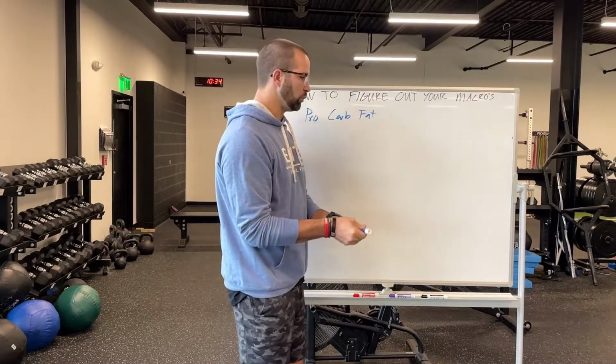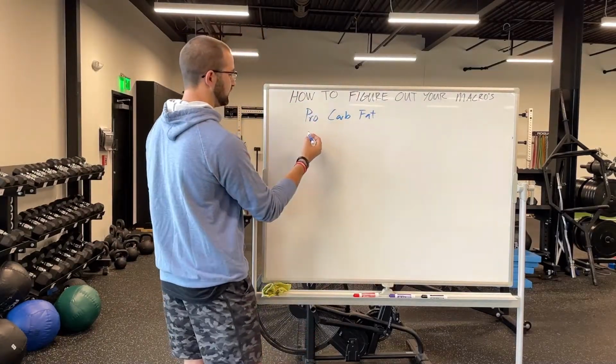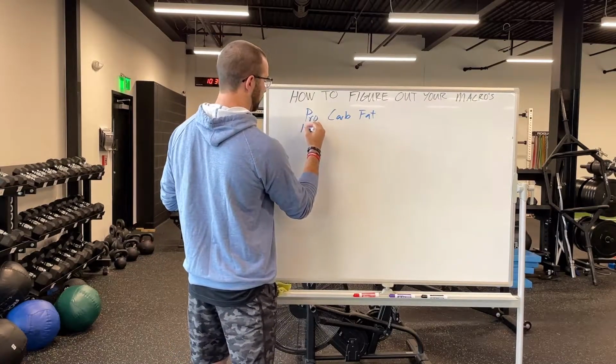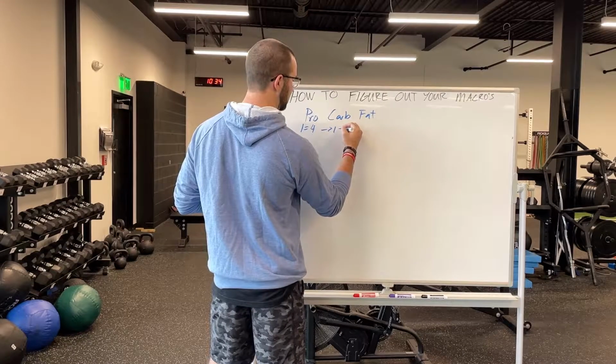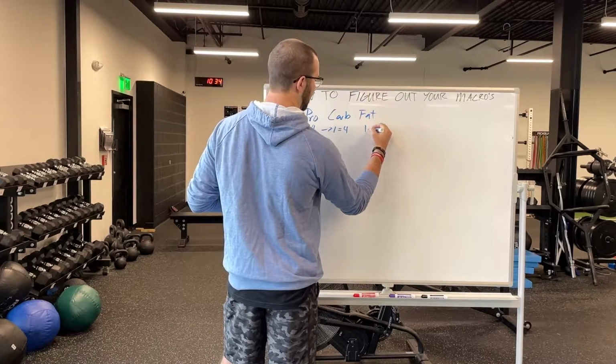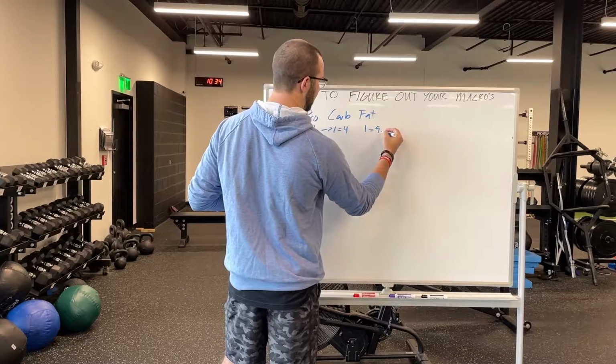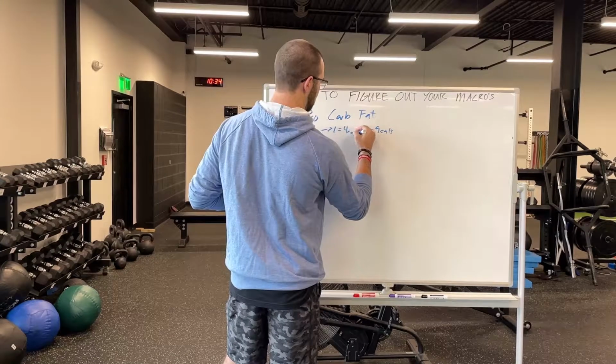So with that, protein is 4 calories per 1 gram. The same with carbs, 1 gram equals 4 calories. Now fat is 9 calories.